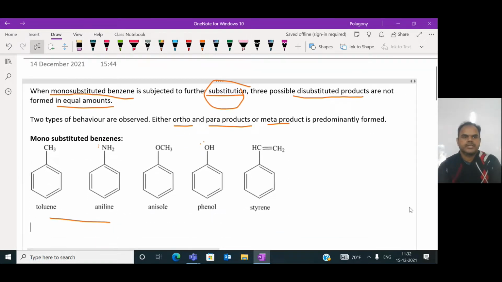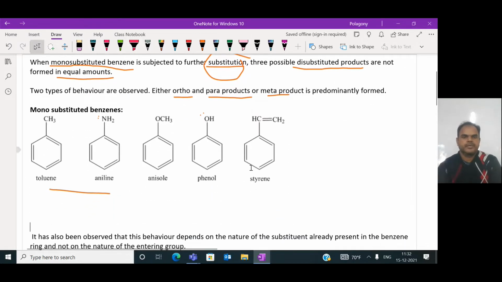First of all, I would like to discuss what monosubstituted benzenes are. On the benzene ring, if a methyl group is present, this is called toluene; methyl is the substituent. If an NH2 group is present, it is aminobenzene, called aniline.